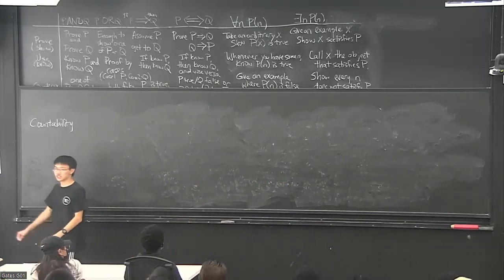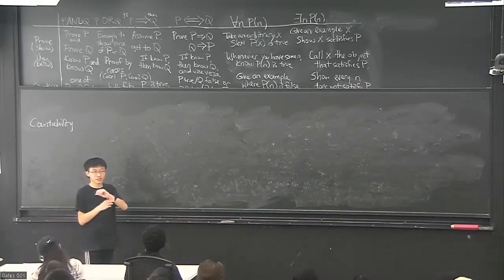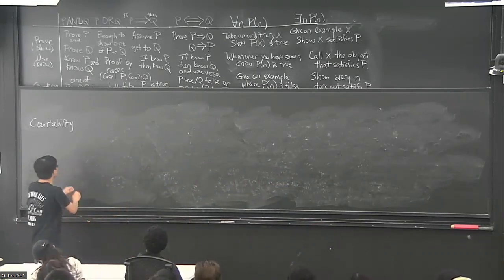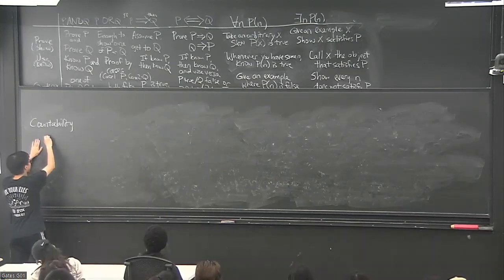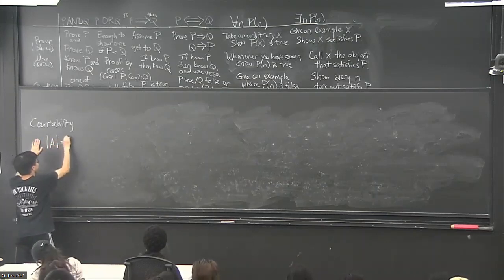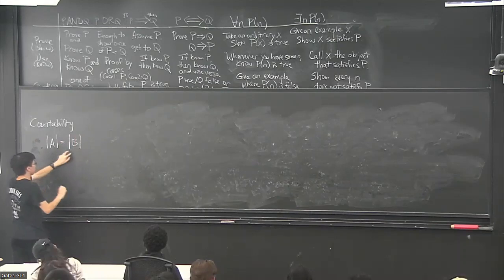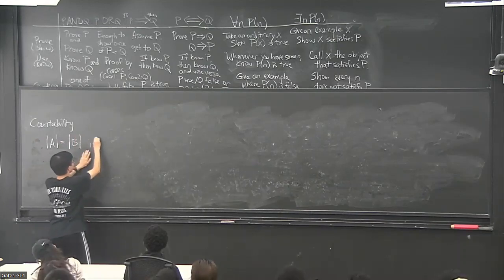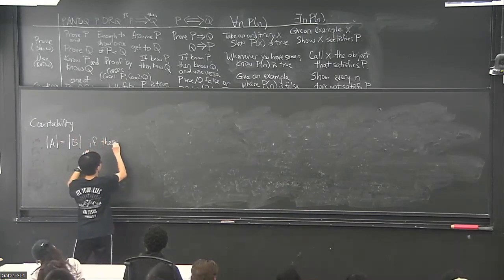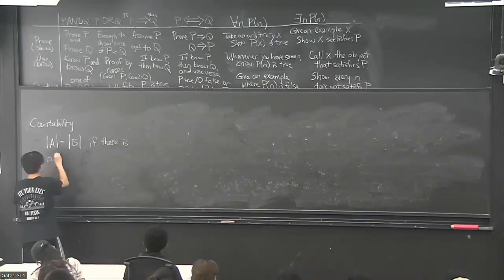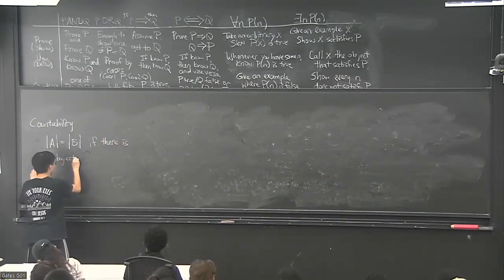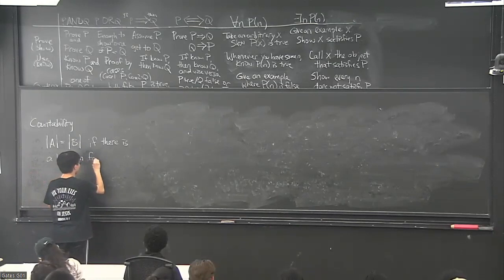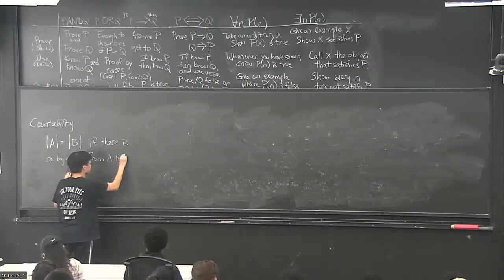But in infinite sets, we have to resort to the notion of functions. I think the key thing to remember here is that two sets have the same size if there is a bijection from A to B.